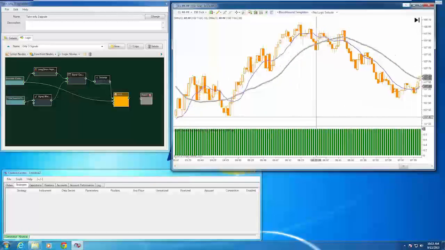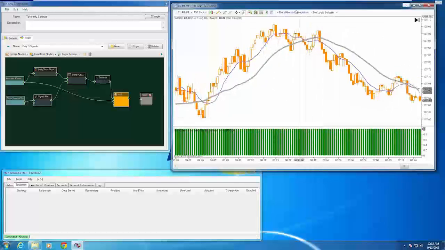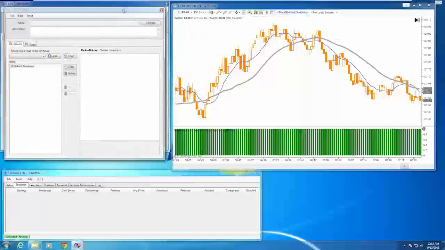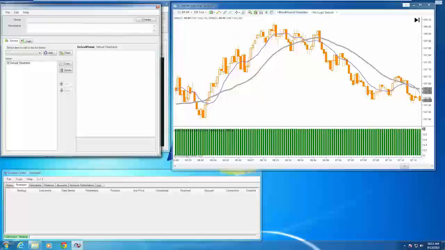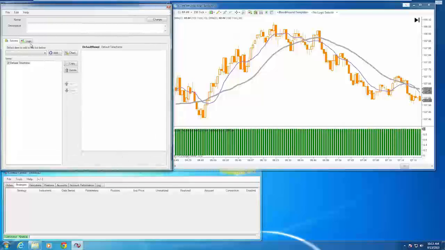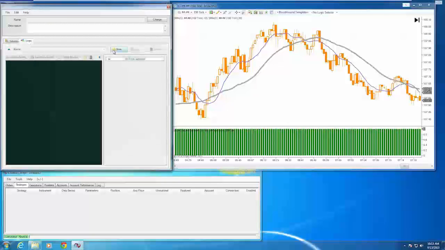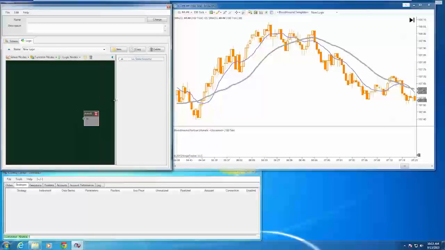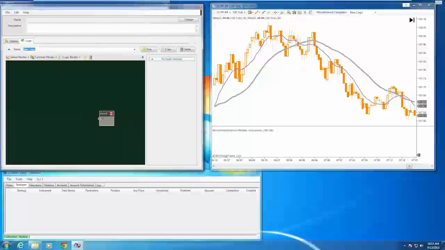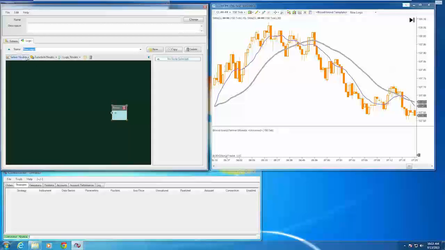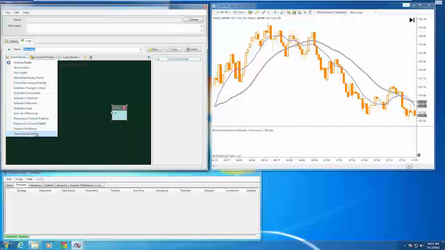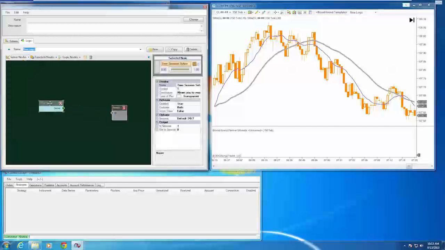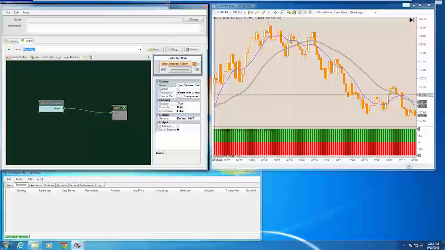The first thing I'm going to do is add a new logic screen here. I'm going to show you what we call the time session solver, and I plug that in.